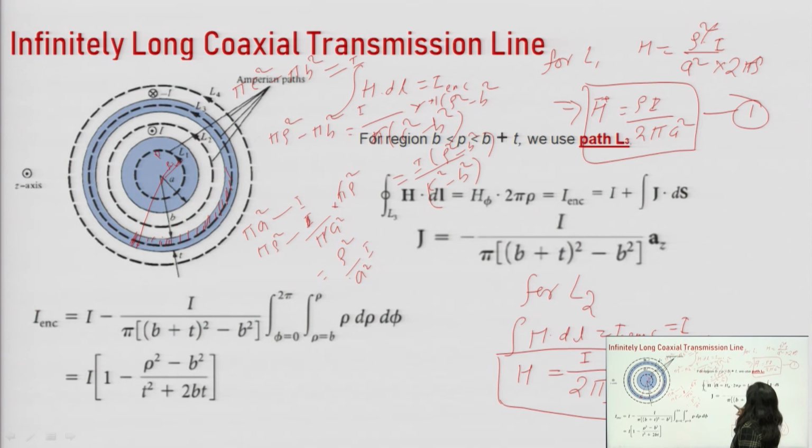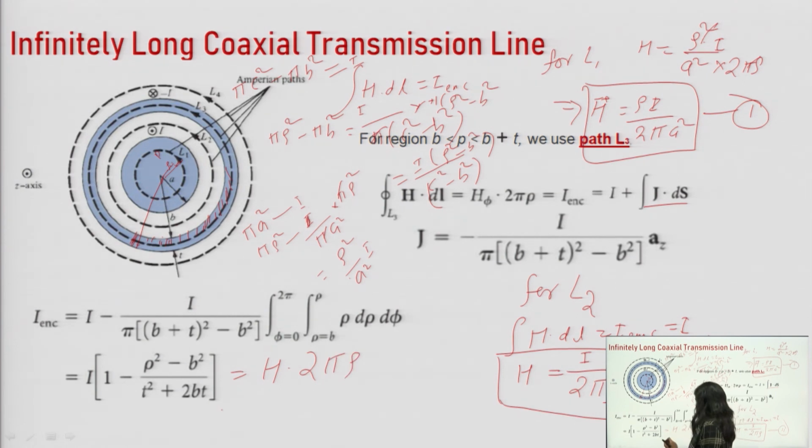Okay, so in place of I, in this part we can write this one, and the first inner I will be as it is. Finally, we can get the value of total I enclosed as this. This will be equal to H dl. Total value of dl will be 2 pi rho.